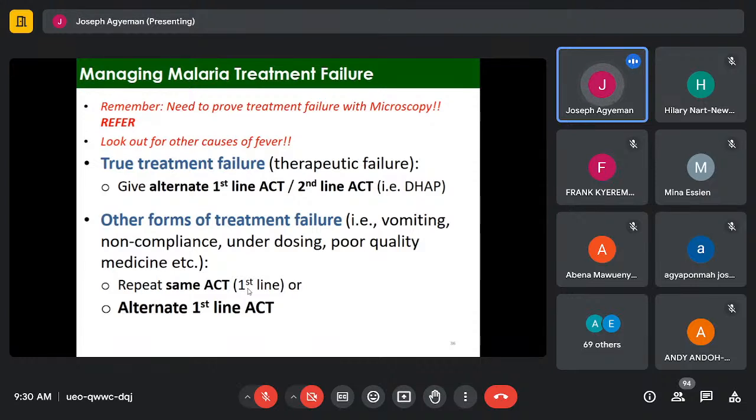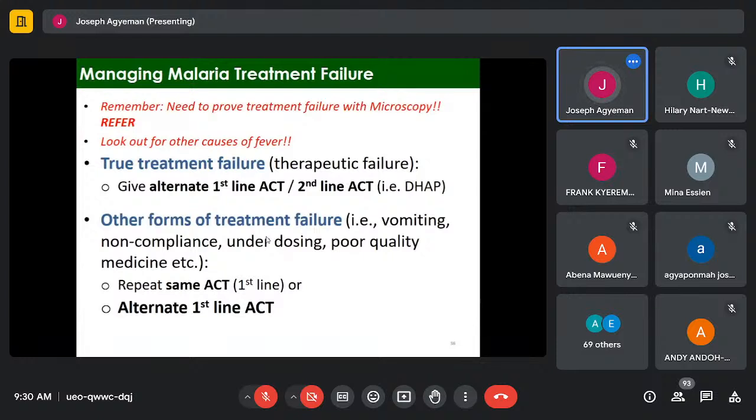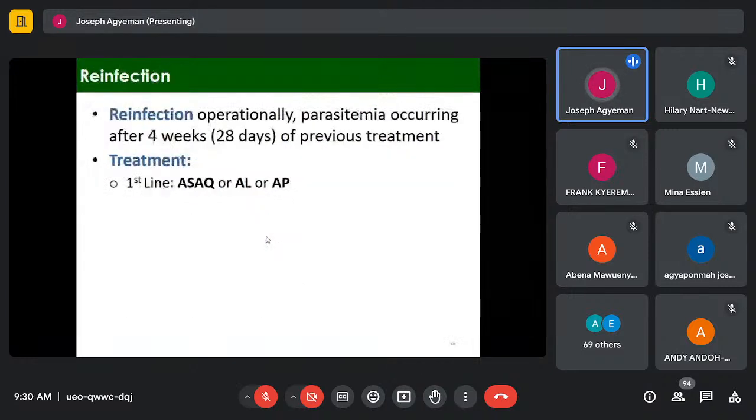If you started with any of them, in the case of failure resulting from vomiting and these issues, it's not a true treatment failure, so you can repeat. Or you can still switch to another agent if you still doubt that the organism has been resistant to your first dose. So that is how you manage treatment failure in uncomplicated malaria.